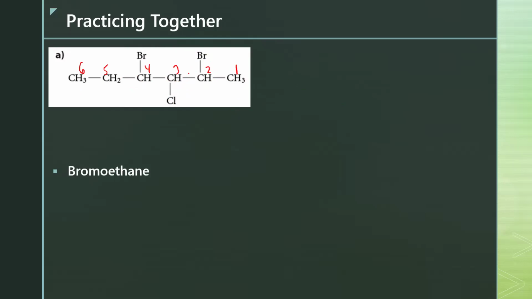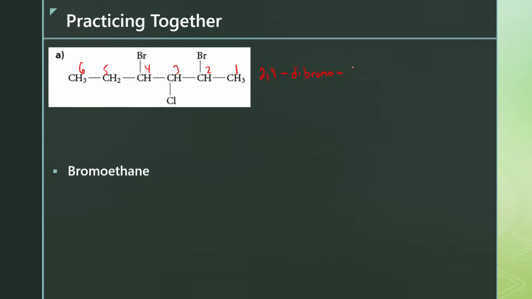So to name this thing, we have bromine and chlorine. Like I said a moment ago, bromine happens earlier in the alphabet than chlorine. So we're going to name those ones first. Watch how simple this one is. It's just going to be a matter of saying, look at their positions, 2 and 4. So I got to go 2, 4. There's 2 bromines here. So I'm going to say dibromo. And then we're done with our bromines here, but we can't forget about this chlorine at position 3.